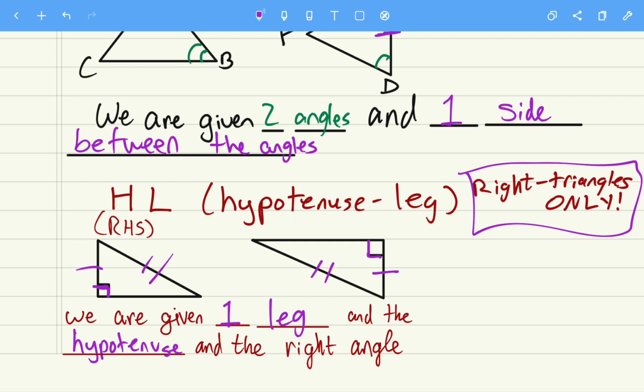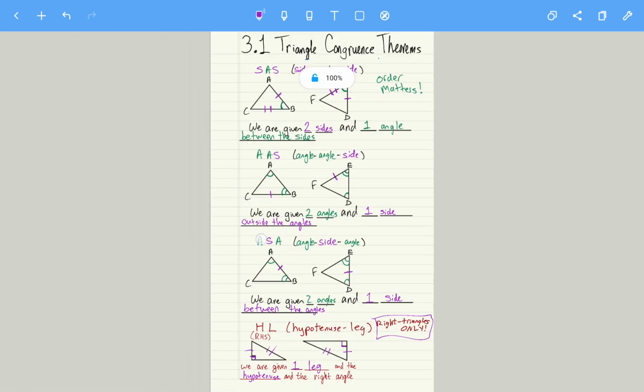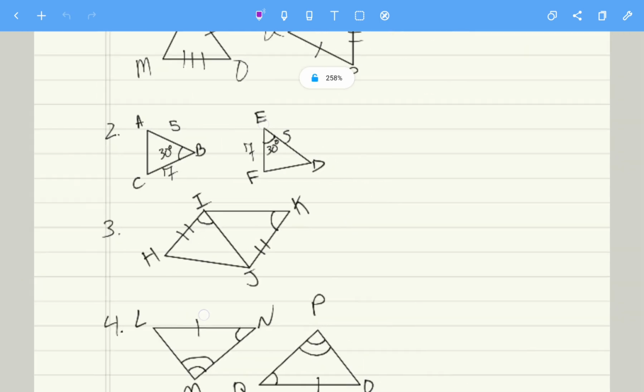So we are given one leg and the hypotenuse. For right triangles, this is enough information to determine if they are congruent or not. Let's look at a couple examples real quick.